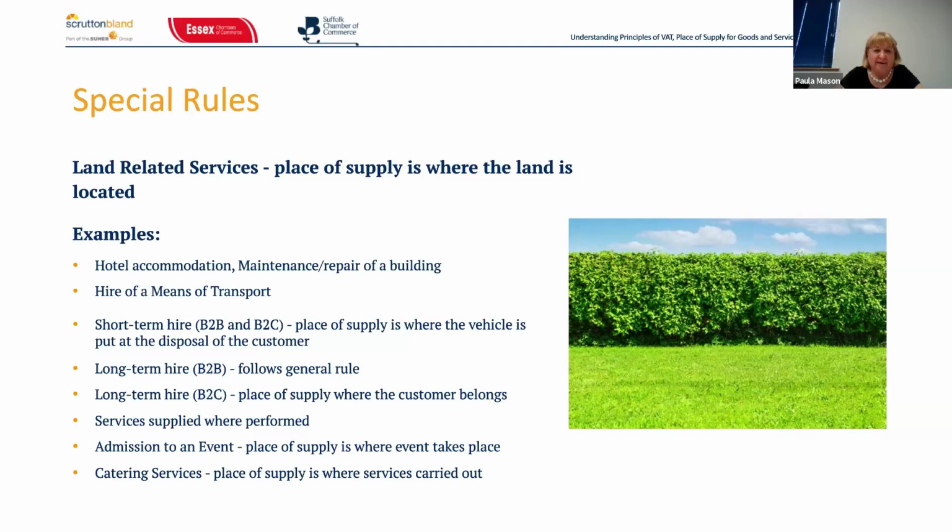Long-term hire, B2B, follows the general rule, and long-term hire, B2C, the place of supply is where the customer belongs. There's also a special rule in relation to services supplied where performed, such as admission to an event, the place of supply is where the event takes place, and catering services, the place of supply is where the services are carried out.